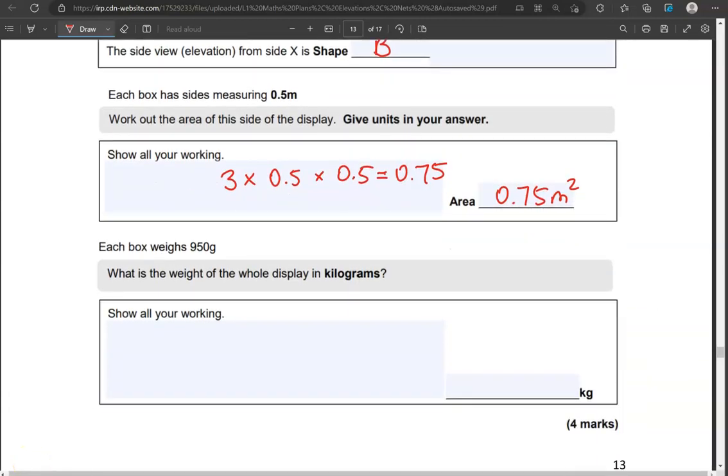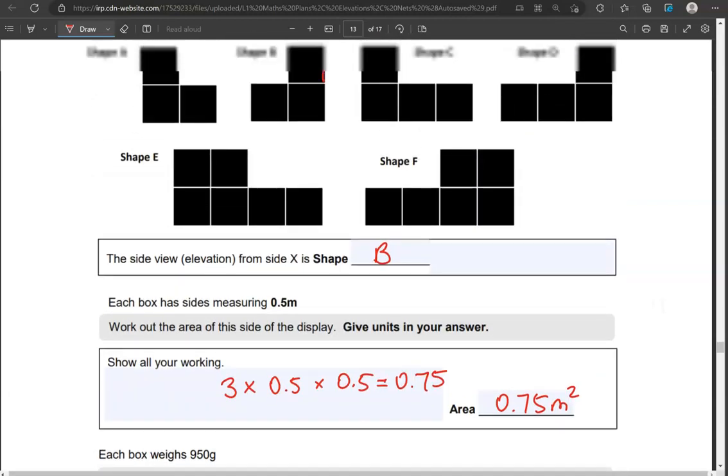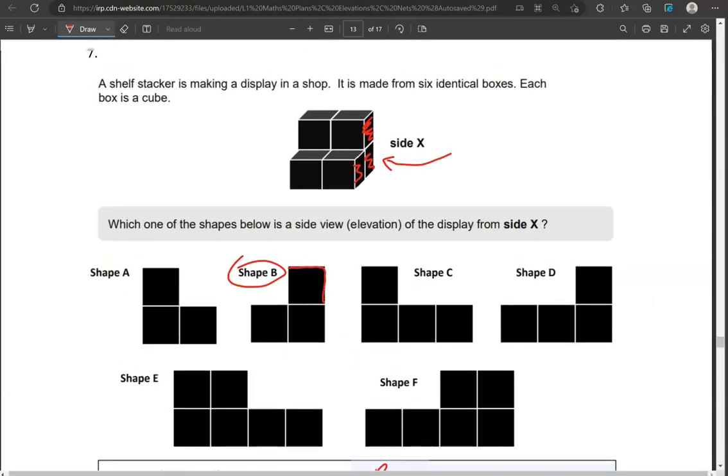Each box weighs 950 grams. What is the weight of the whole display in kilograms? Show all your work. Let's see, how many boxes do we have? That is 1, 2, 3, 4, 5, and the one there in the corner, 6.